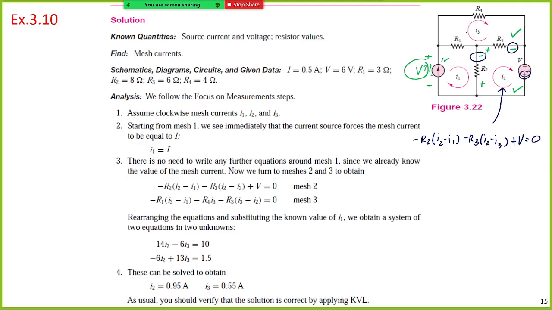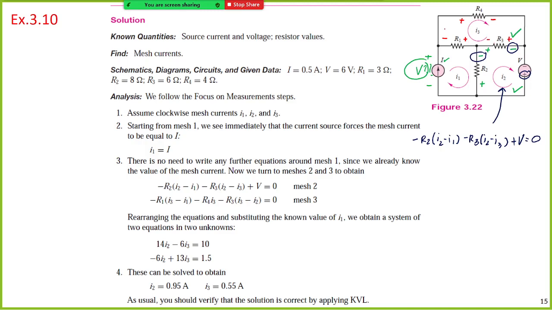What about mesh 3? I will write down plus minus, plus minus, right? Because current flows in this direction, the polarity is plus minus like this.